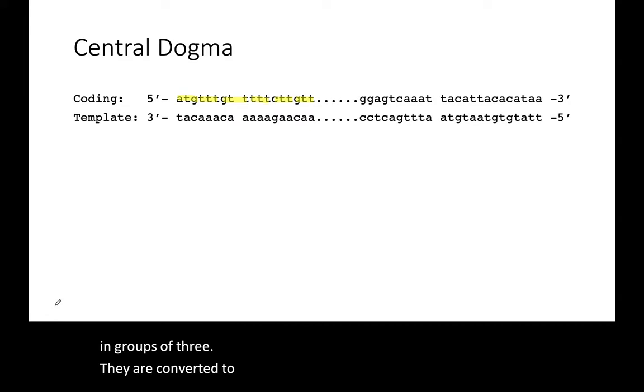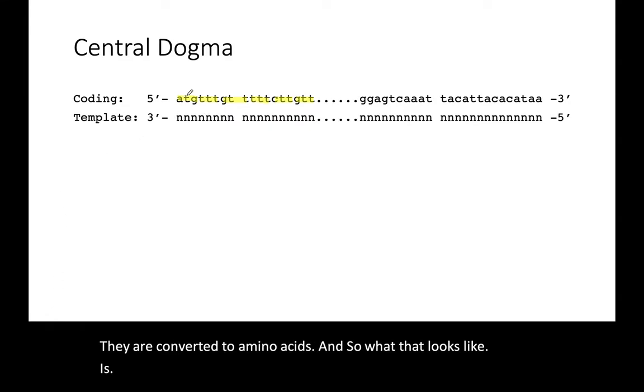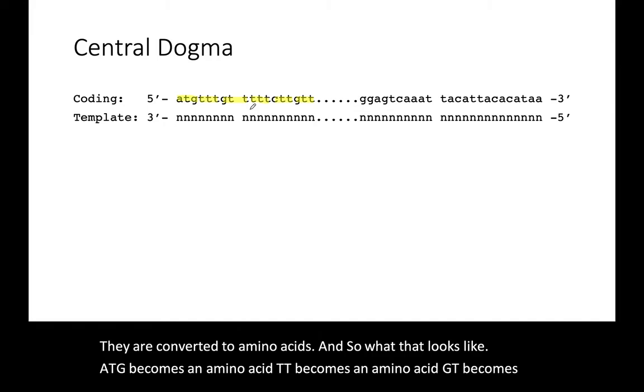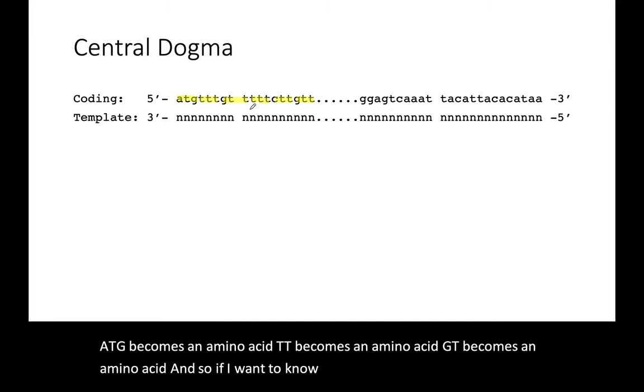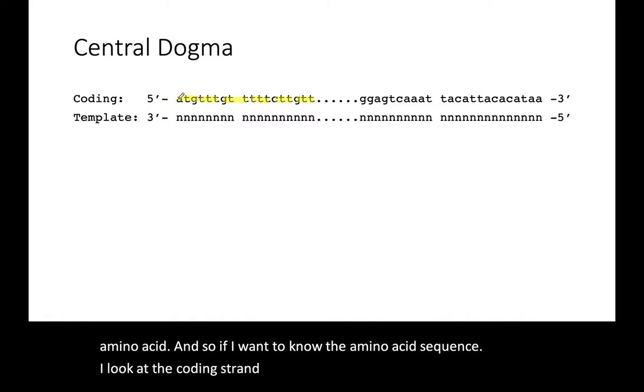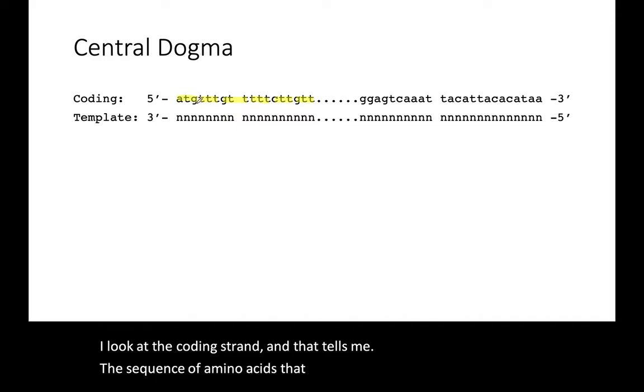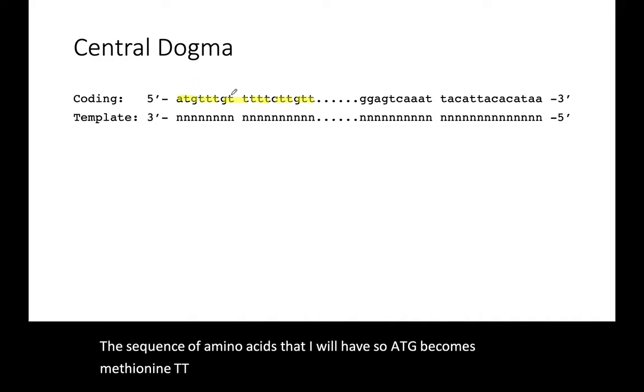And so what that looks like is ATG becomes an amino acid, TTT becomes an amino acid, GTT becomes an amino acid. And so if I want to know the amino acid sequence, I look at the coding strand, and that tells me the sequence of amino acids that I will have. So ATG becomes methionine, TTT becomes phenylalanine, and GTT becomes valine.